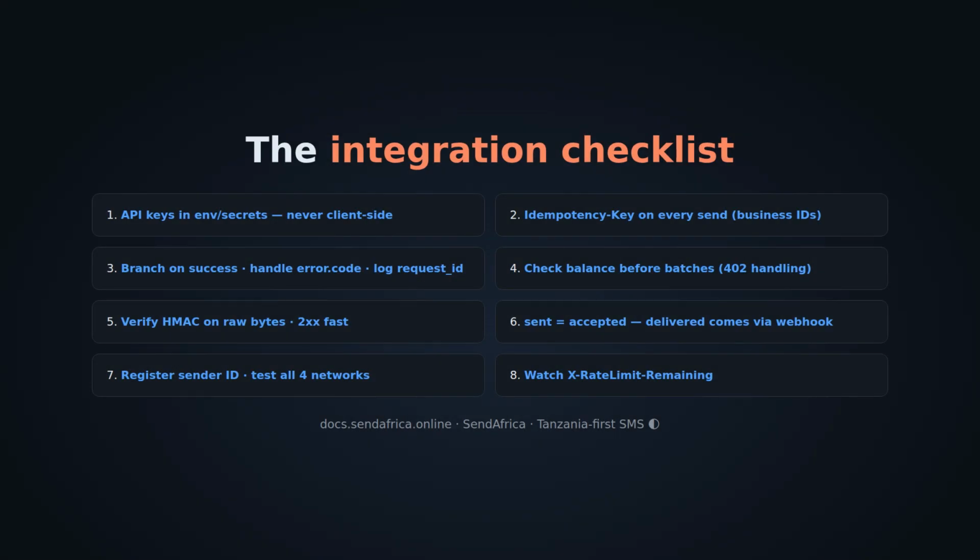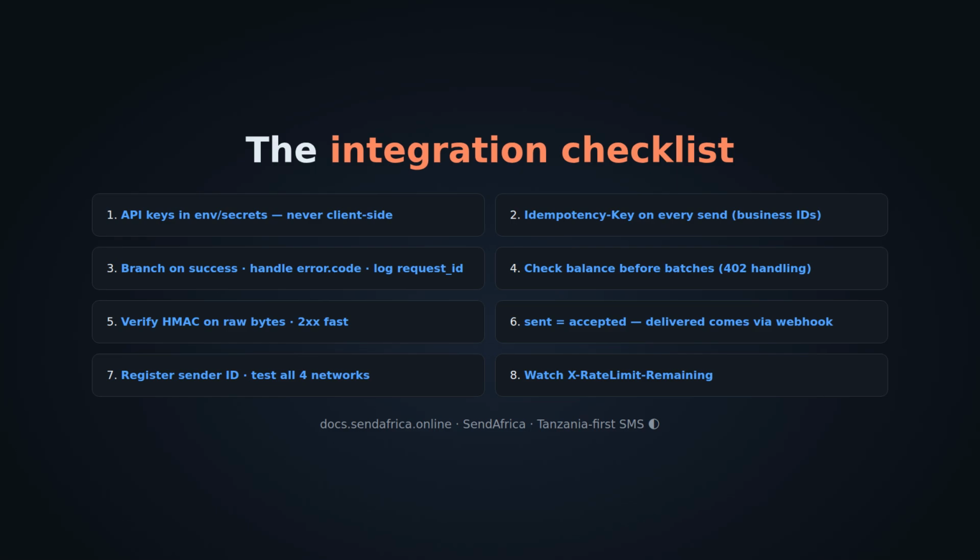Your integration checklist. 1. API keys in environment variables or a secrets manager, never client-side. 2. Idempotency keys on every send and campaign, derived from business IDs. 3. Branch on success, handle error codes, and log the request ID. 4. Check the balance before batches and handle insufficient credits gracefully. 5.